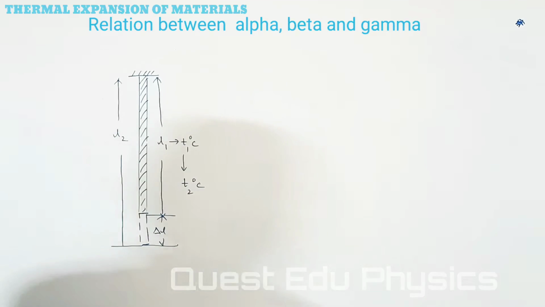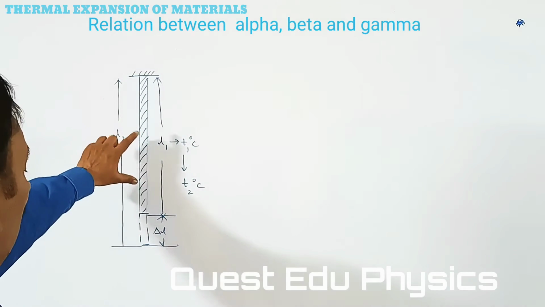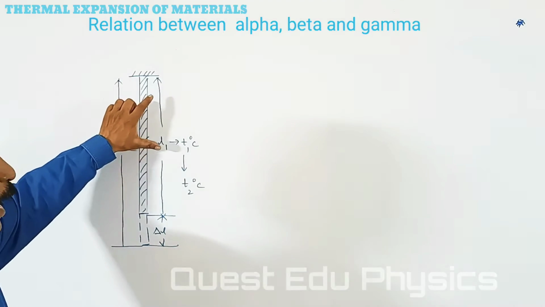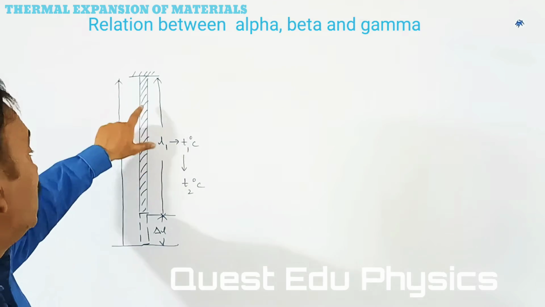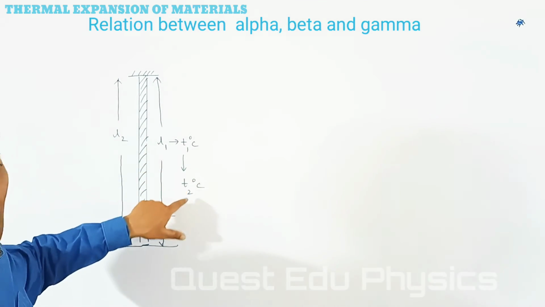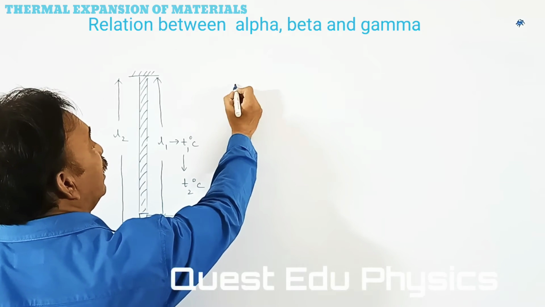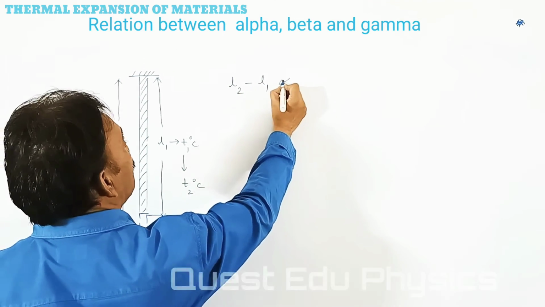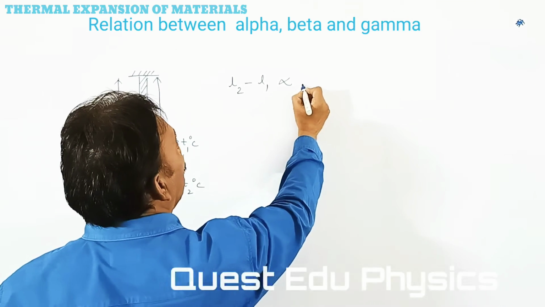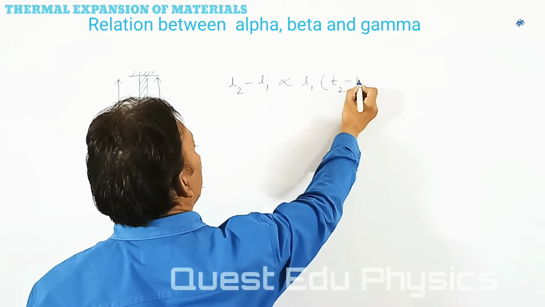Okay, students, here we have to find out what the coefficient of linear expansion is. You will understand the elongation in the length depends upon two factors. One is the length of the rod and second is the change in temperature. That can be written like this: the change in length, L2 minus L1, is directly proportional to the initial length of the rod multiplied by the change in temperature.